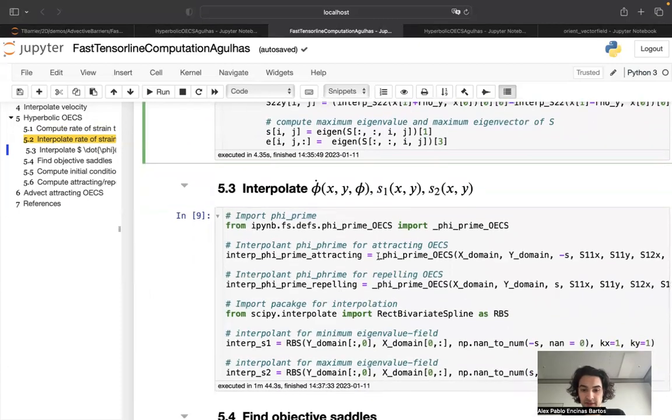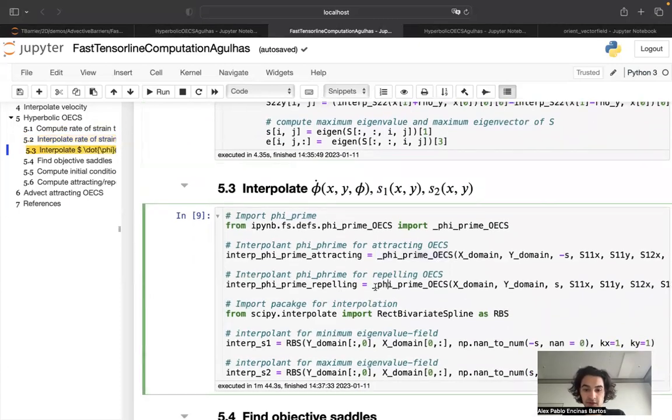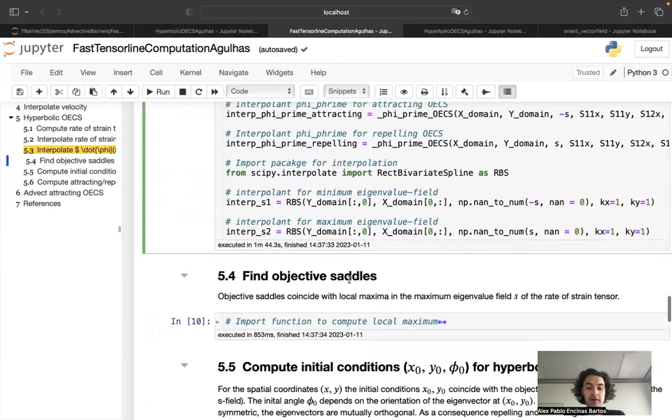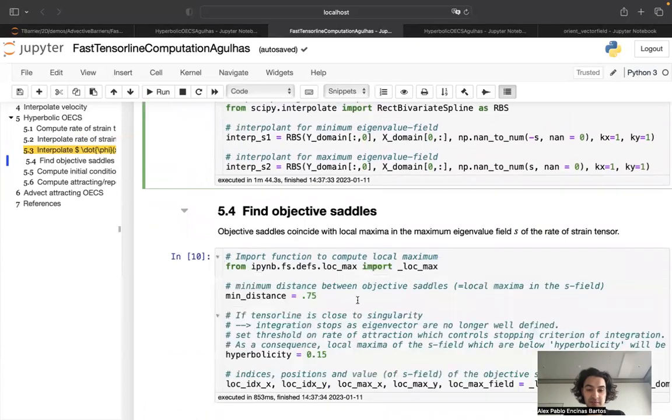We have one interpolant for the attracting and one interpolant for the repelling. So interpolant phi prime simply returns the interpolant for the attracting and the repelling evolutionary equation of the angle phi prime, of the angle phi.